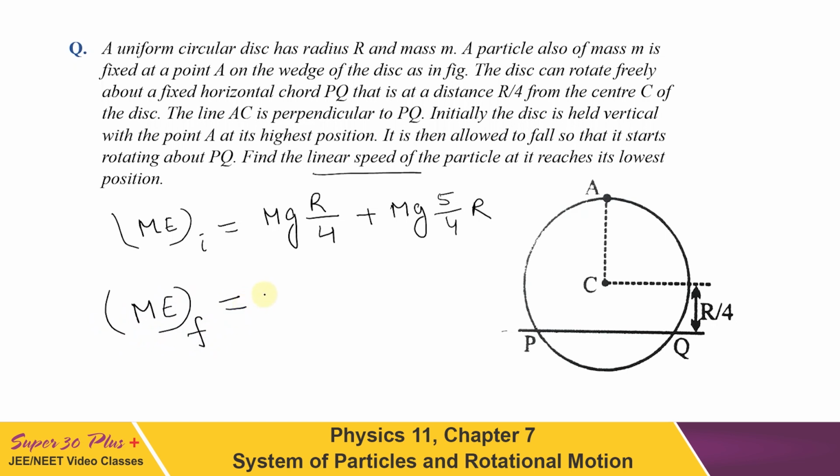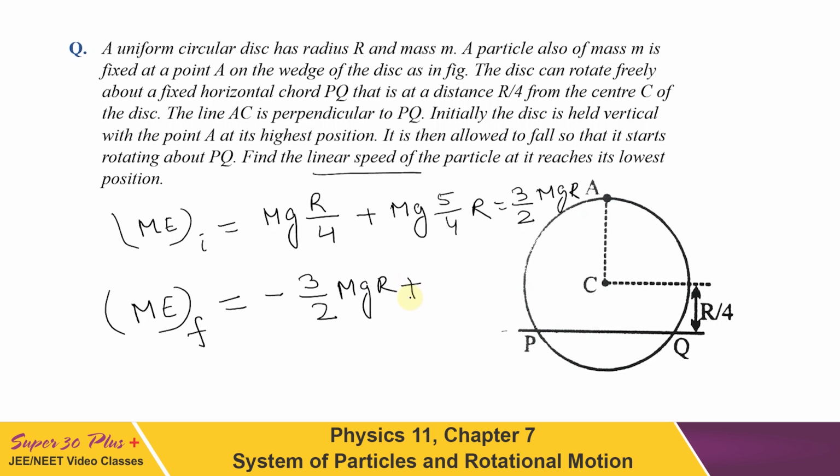If you solve the first one, that will be 3 by 2 m g r. As the whole height has come below the line PQ, we get the same quantity for gravitational potential energy but with a negative sign, so it is minus 3 by 2 m g r.